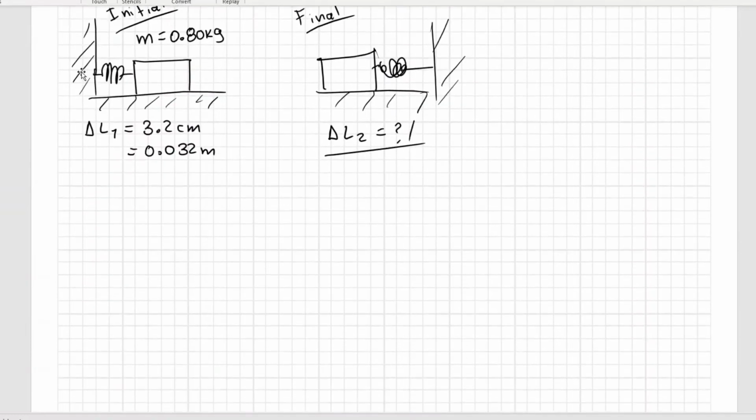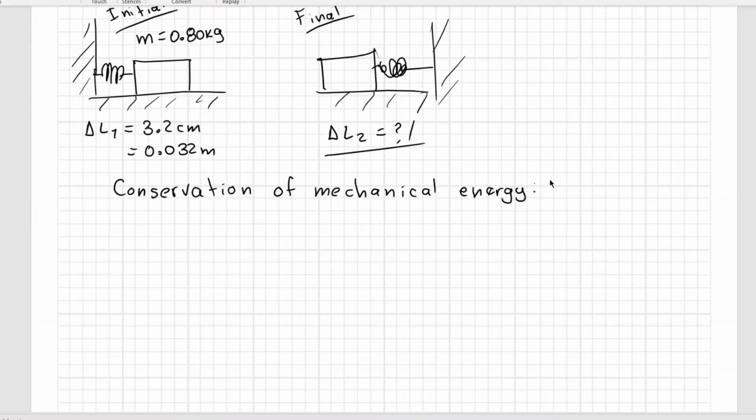So we can write the conservation of mechanical energy. We have the kinetic energy of the car at the final time. We have the elastic potential energy at the final time. That will be in one of the springs.